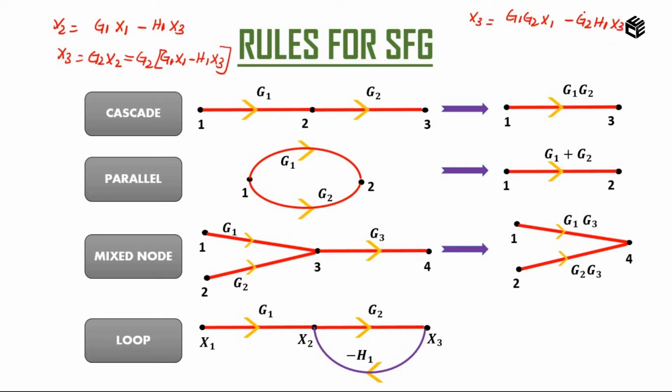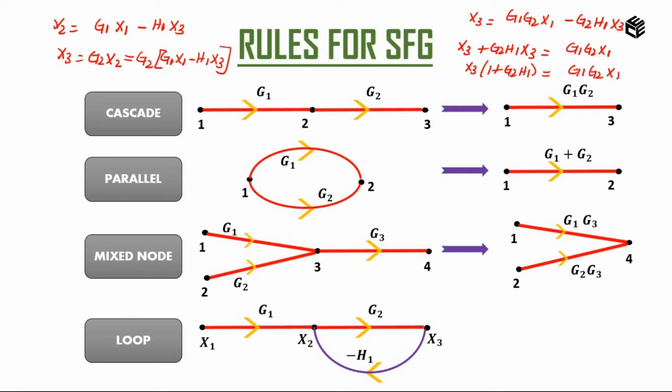Now I collect x3 on one side, so x3 plus g2 h1 x3 is equal to g1 g2 x1. Now I take x3 as a common factor, so x3 times (1 plus g2 h1) is equal to g1 g2 x1.